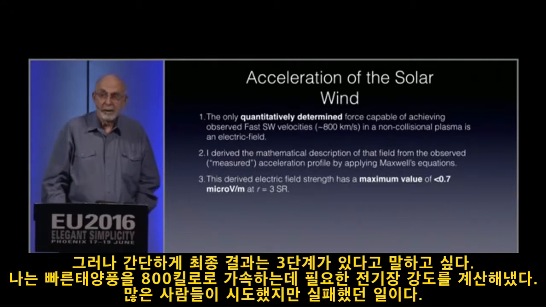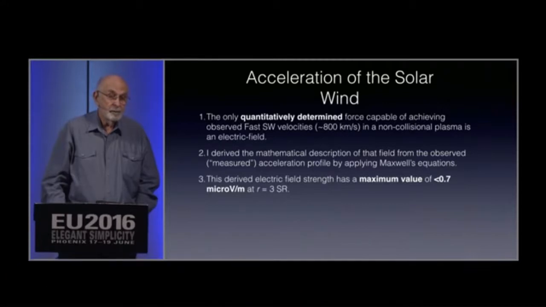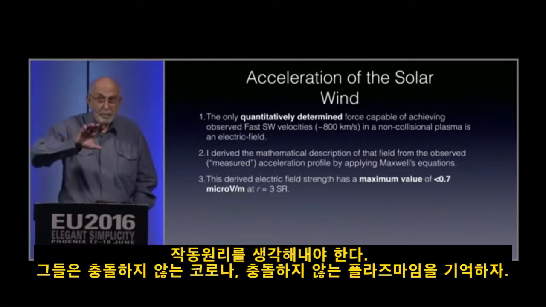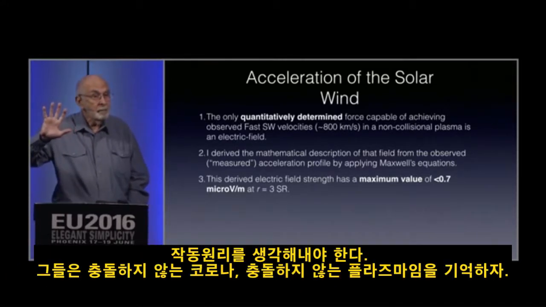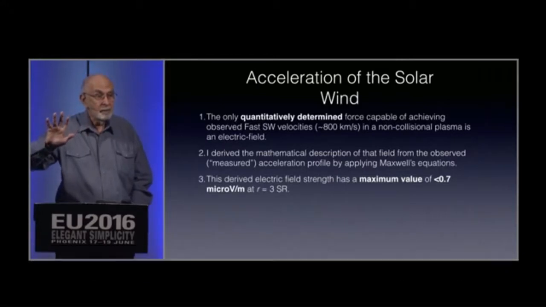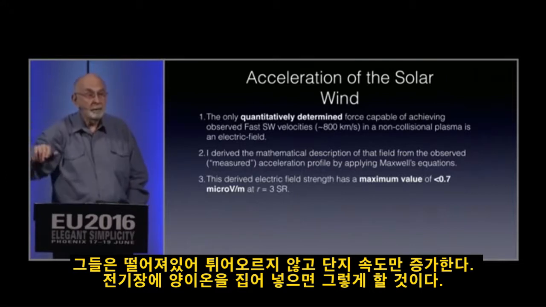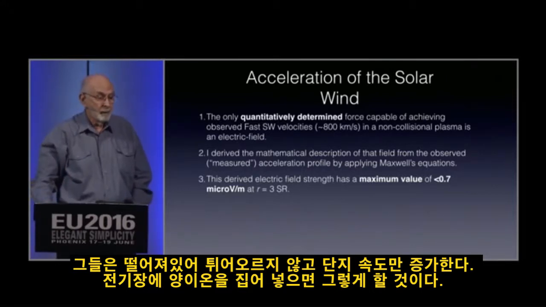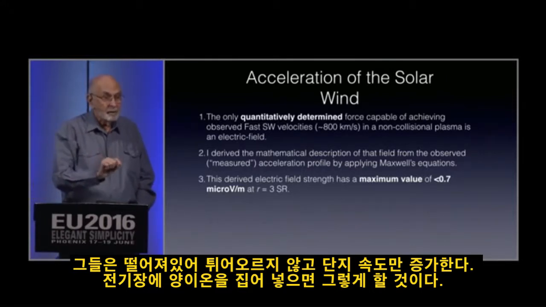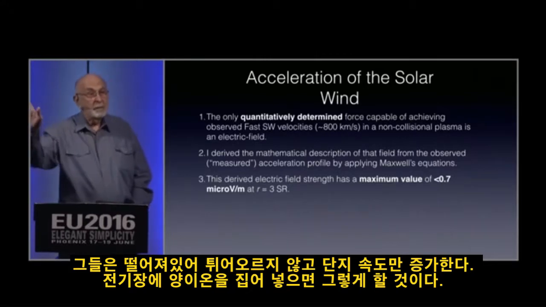All sorts of people have tried to do that and have failed to come up with a mechanism. Remember, the corona is a non-collisional plasma. They don't bounce off each other. They just increase in velocity. And if you put a positive ion in an electric field, it'll do just that.